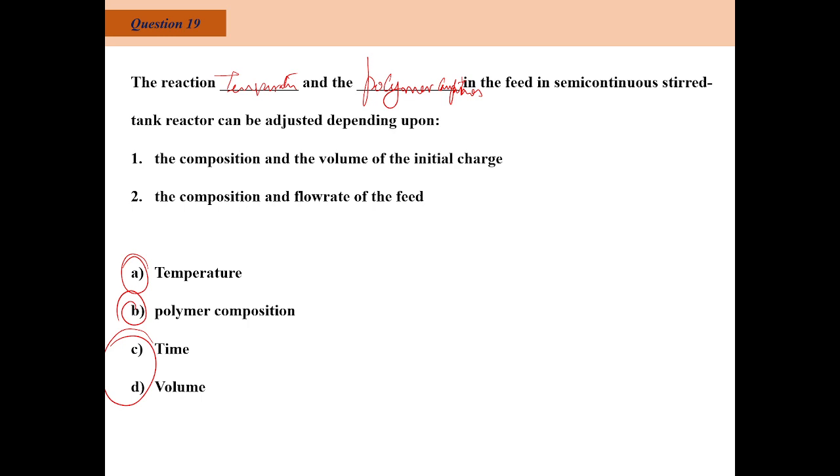The recommended answer is temperature and polymer composition, and it is explained in the lecture. These two options are also kind of possible because since we are changing the flow rate, it can impact both time and volume, definitely reaction time and volume.